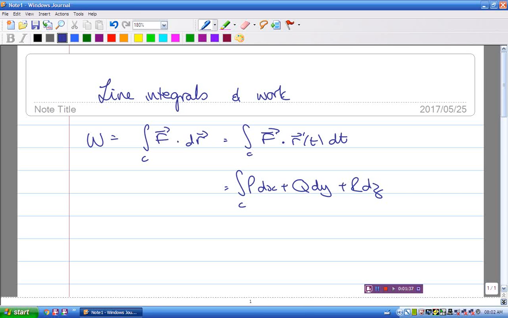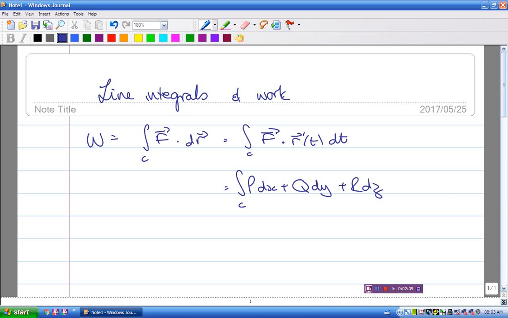We're basically looking at work, which is essentially a force times a distance, but in this case, the force is changing over the distance, and that's why we have to take the path that the particle is moving along and chop it up into very little bits and basically work out all the little bits of work.